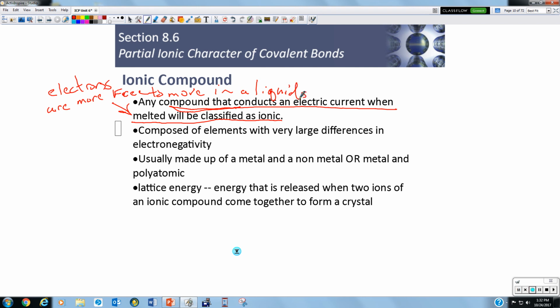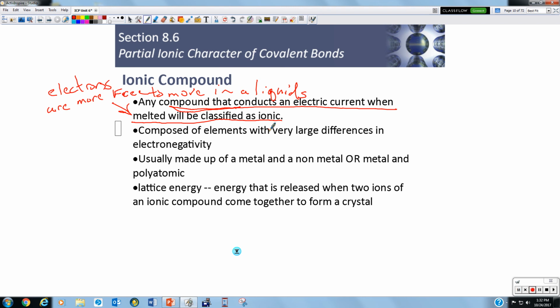All right. Now, I do want to point out that when I'm talking about a melted ionic compound, that's different than being in an aqueous solution or dissolved. Their electrons are more free to move in liquids because remember, liquids are free to flow. They can flow from one place to another.